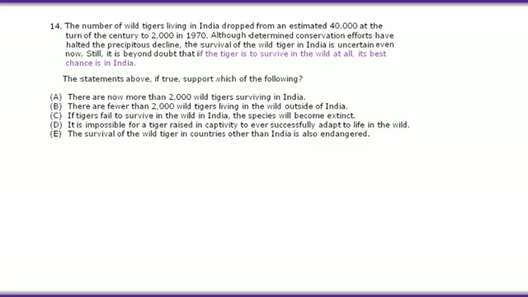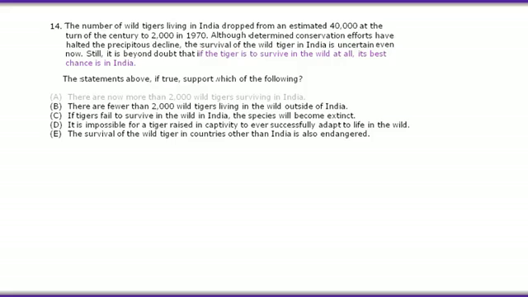Let's consider each of them in turn. Answer choice A reads, there are now more than 2,000 wild tigers surviving in India. This is not a statement that must be true. It's only a possibility, not a certainty. You don't know for sure how many wild tigers there are in India now. Answer choice A is not something that must be true, so it's not the correct answer.